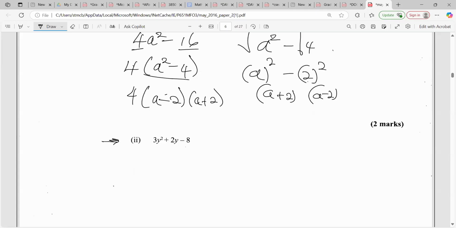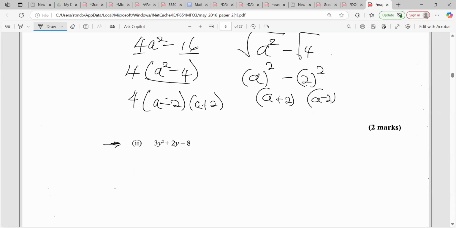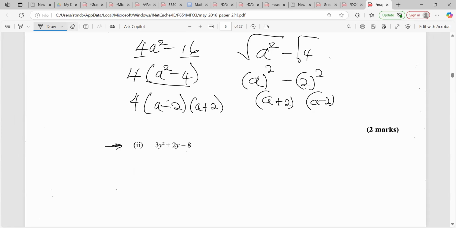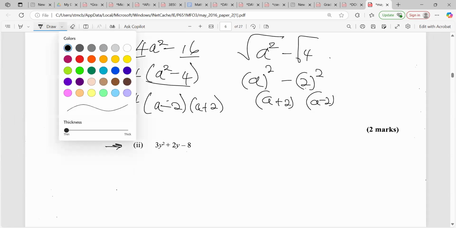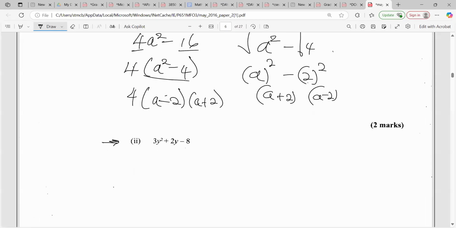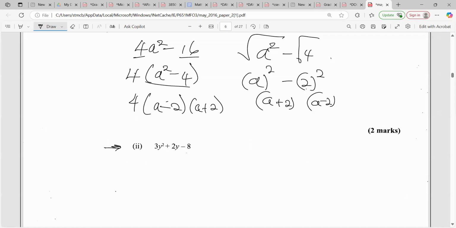So it will be 3y squared plus 2y minus 8.